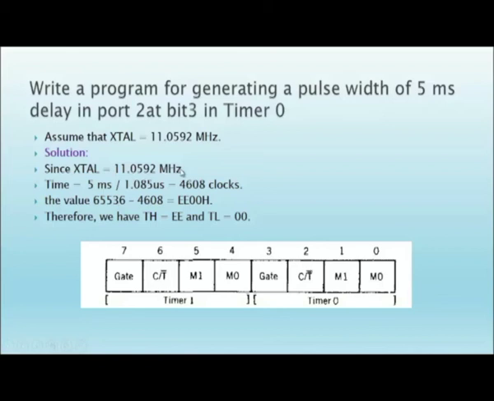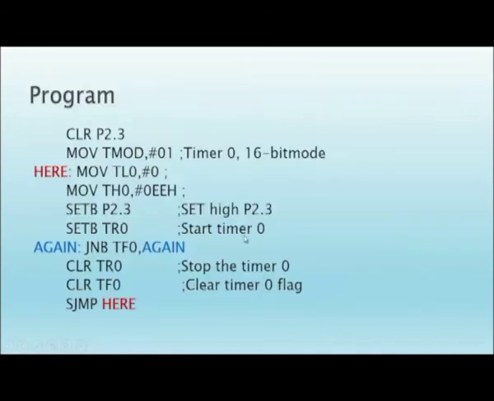Already we know this value is divided by 12, and by taking 1 by fp you get 1.085 microseconds. So 5 milliseconds divided by 1.085 microseconds gives 4608 clock pulses. That is subtracted from 2 power 16, then the decimal value is converted to hexadecimal, and then we load it. Then select which timer you want. Here you want timer 0, so you start and write the program.